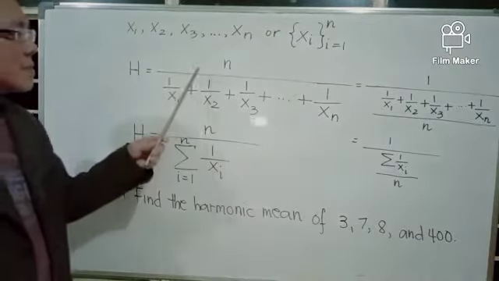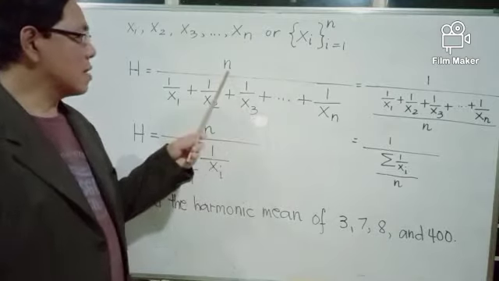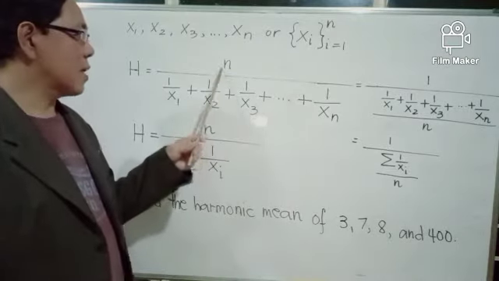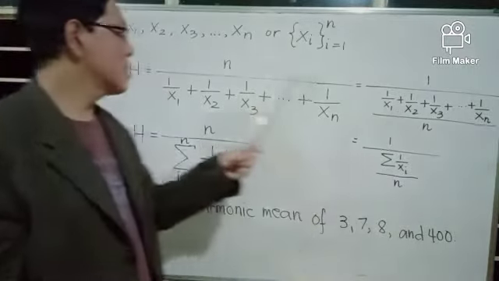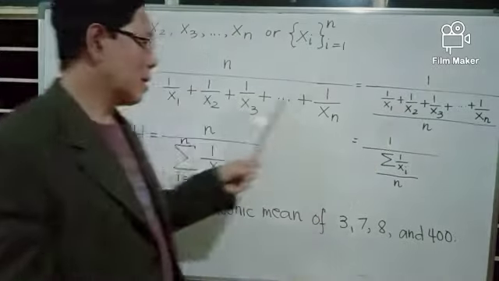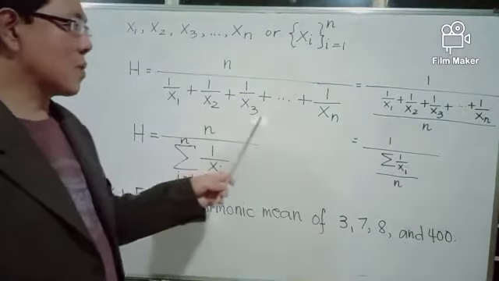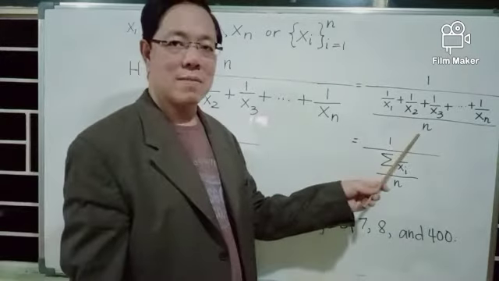Now, from here, if we divide the numerator and denominator by n, we would get this one. n divided by n is 1. And the sum of the reciprocals of the values in the given set of data, we divide by n.